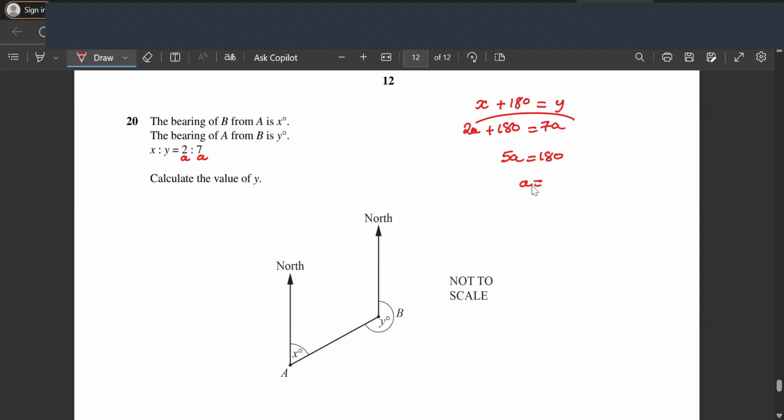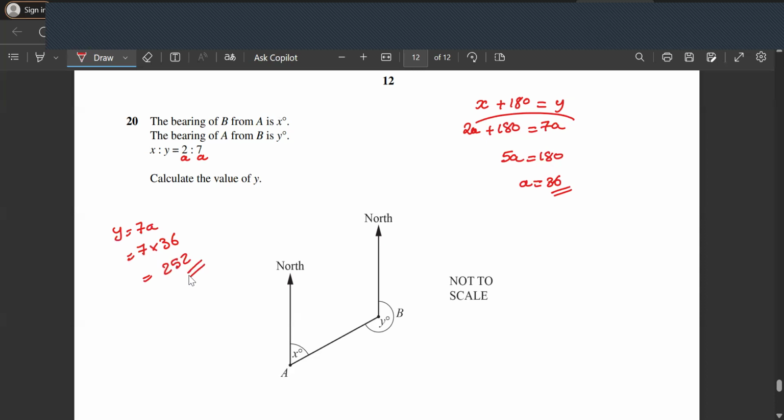So from here, a equals what? 180 divided by 5, which is 36. Done. If you want y, which is 7a, equals 7 multiplied by 36, which is 252.